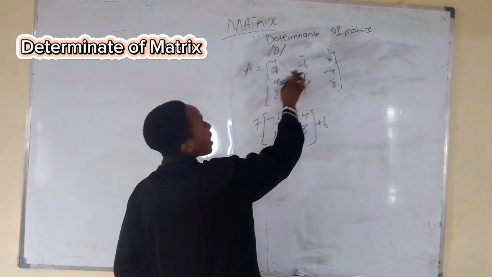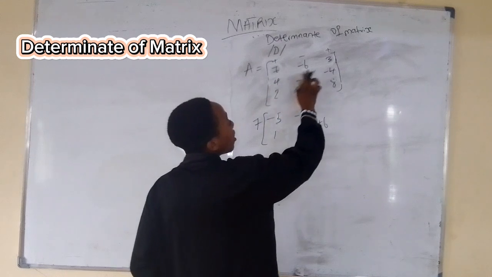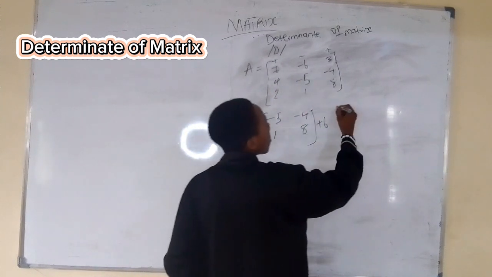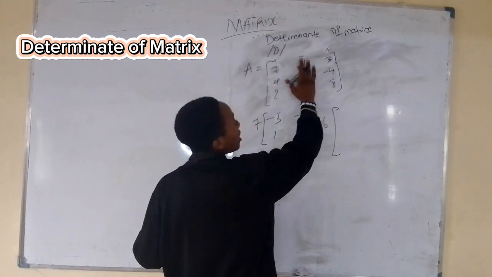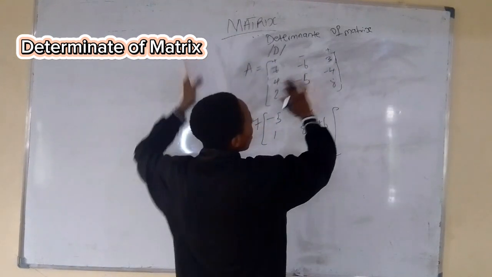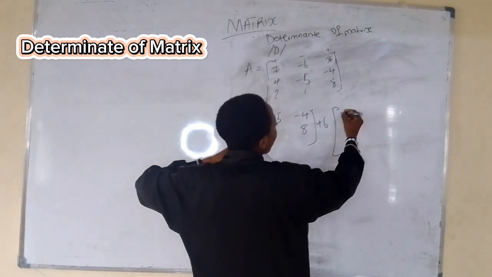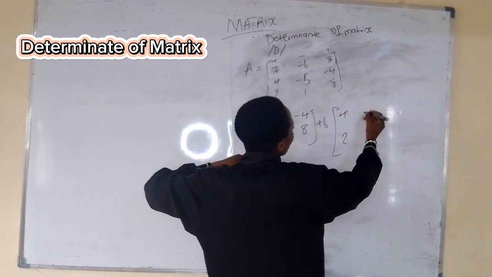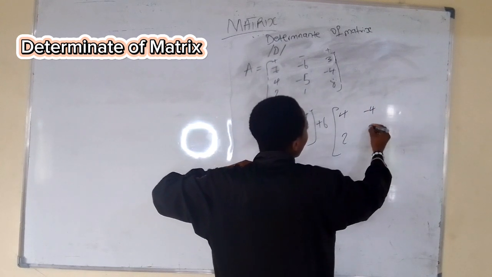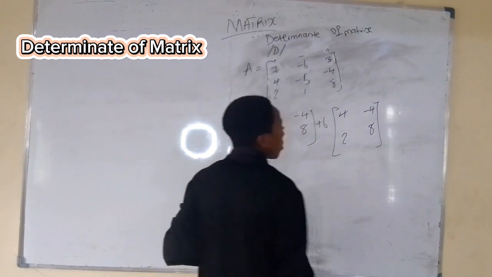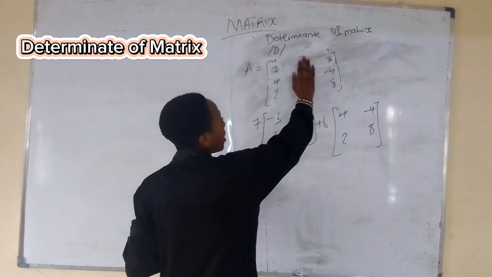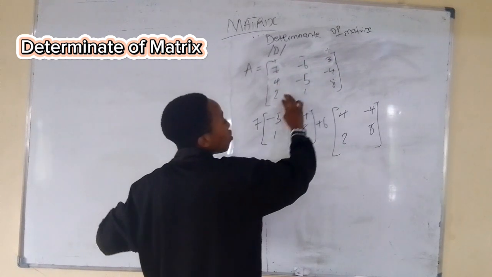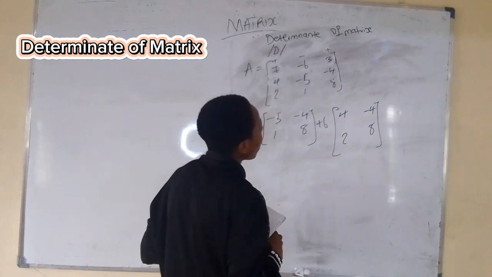By the time you eliminate everything that is on the first row and everything that is down below 6, what will be left will be 4, 2, minus 4 and 8.